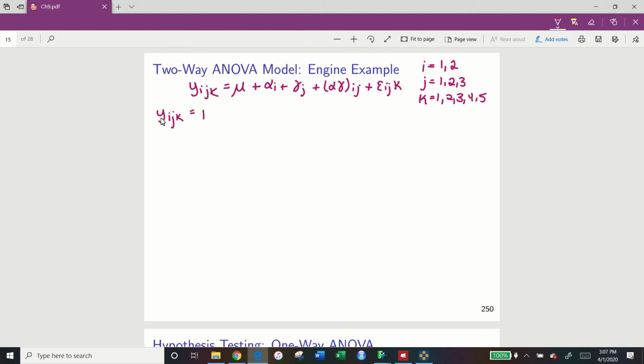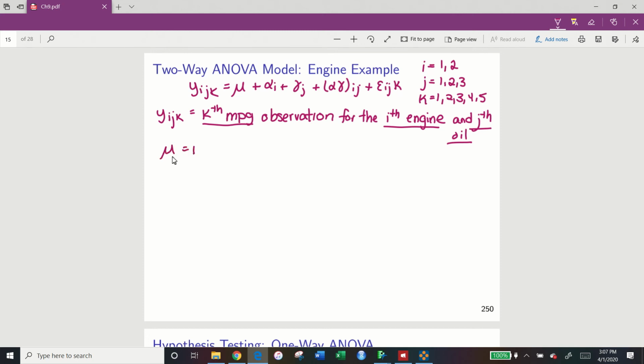So to further define, Yijk is the kth miles per gallon observation for the ith engine and jth oil.